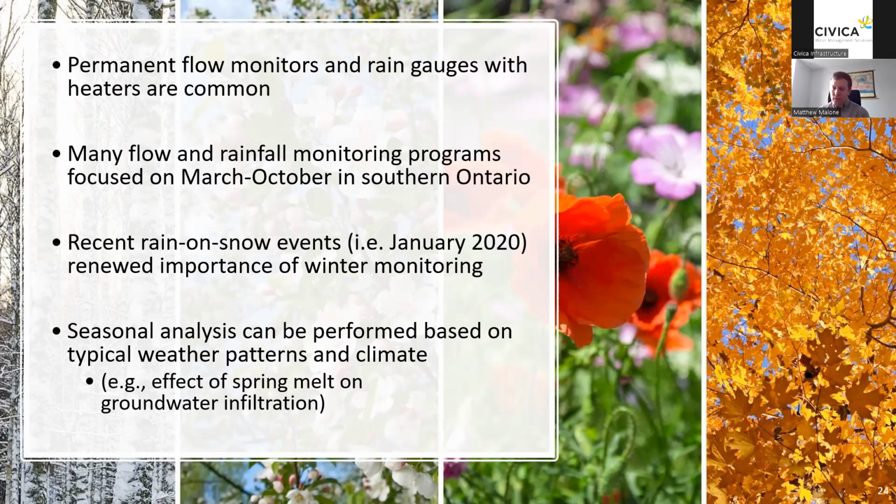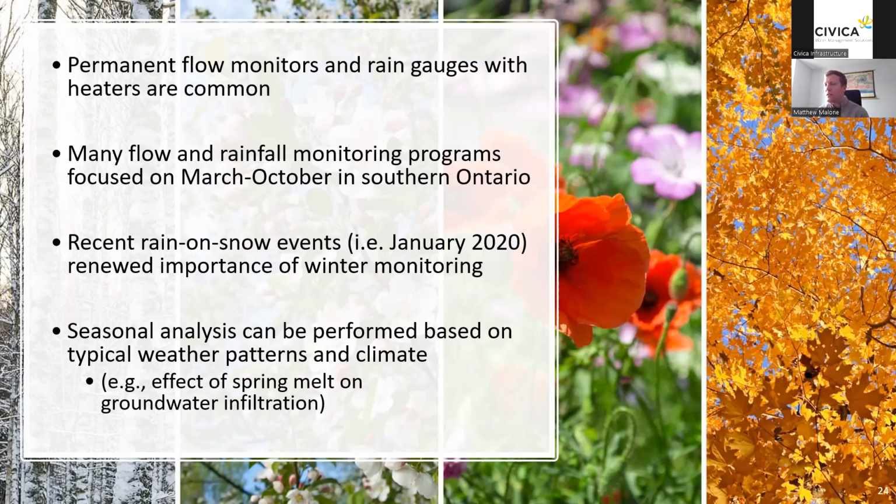Many of the flow and rainfall programs that we've worked on focus particularly between March and October, November, trying to save some costs over the winter months where we mostly get snow and not a lot of rain.